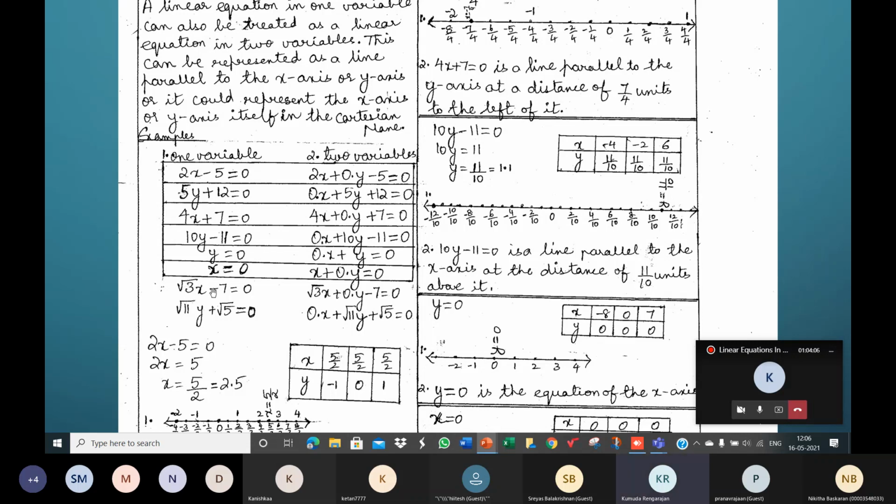So ax plus b. What's the value of b in this example? 7, ma'am. You're comparing it with what?